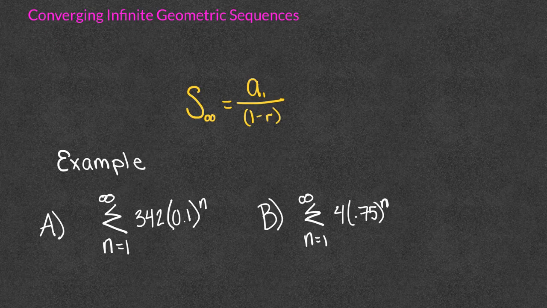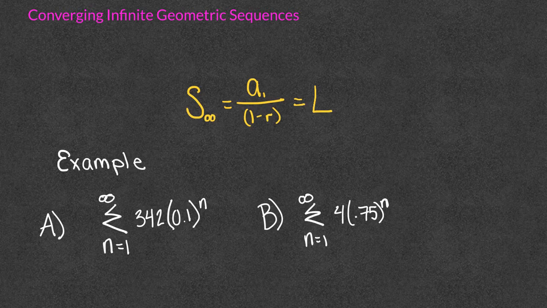So once you determine the common ratio says that the geometric sequence is going to converge, we have a specific formula that allows us to determine what it's going to converge to. And so we just want to go over this formula with you real quickly. On the left, we have the sum of an infinite geometric series.